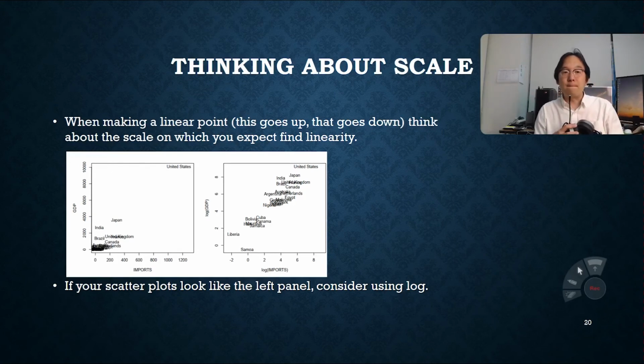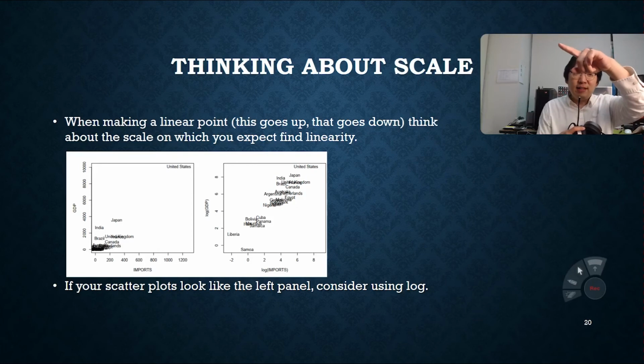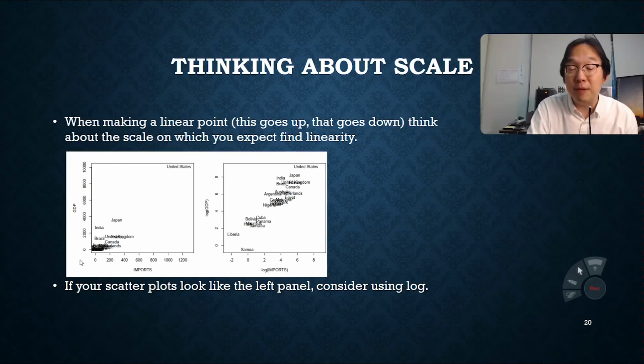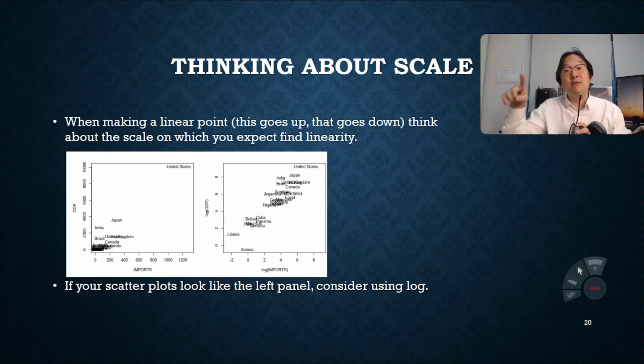But the left picture is kind of screwy. What do you mean? The United States is far above there, and then India and Japan, and the rest of the countries are concentrated way down there. Why is that happening? Because the countries' GDP size and import size are highly positively skewed.